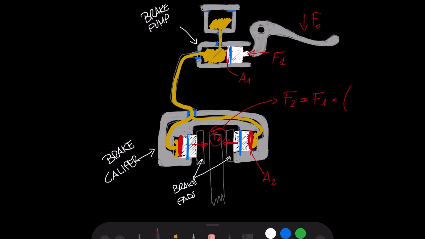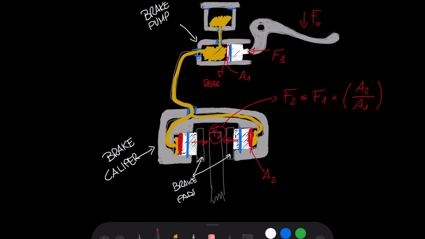And the force F2 is equal, thanks to Pascal's law, to F1 multiplied by the ratio of the two surfaces: the surface A2, the one of the caliper piston, divided by the surface A1 of the main brake pump piston. So in our case, let's consider the rear brake of the bike.